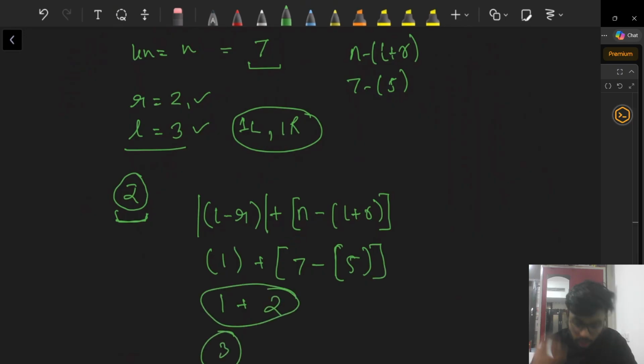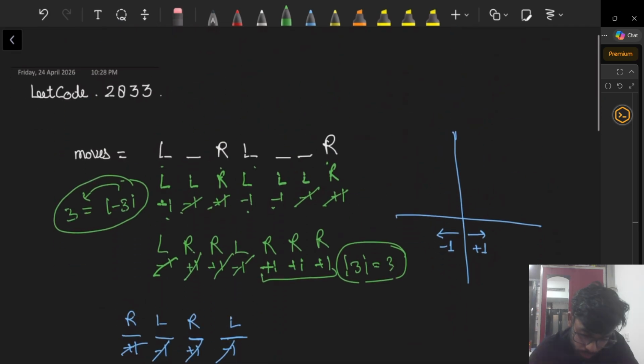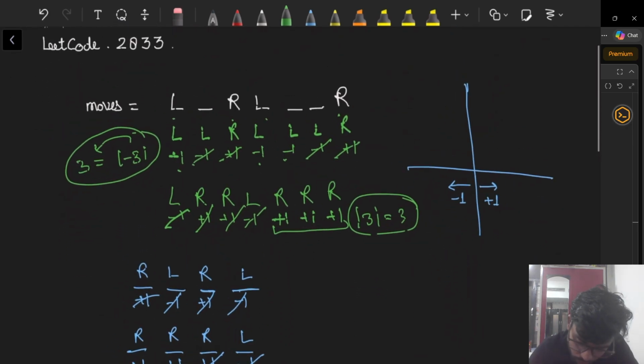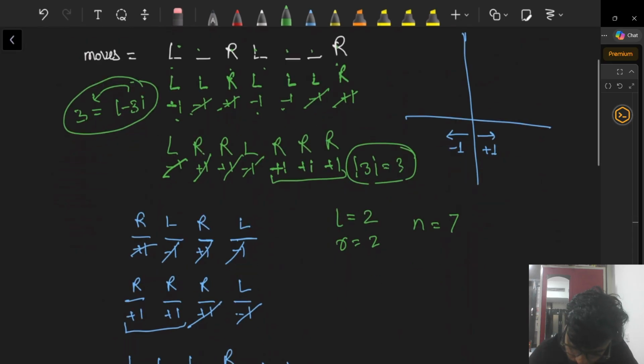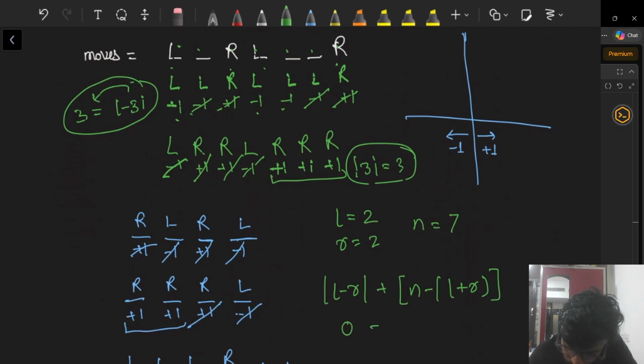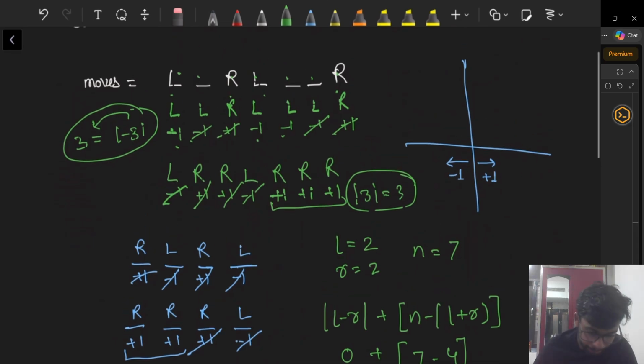So the answer is 3. Let's check for this example as well. Here L is equal to 2, R is equal to 2, and N is 7. So L minus R will be 0, plus 7 minus 4, 0 plus 3. So we have got this 3.